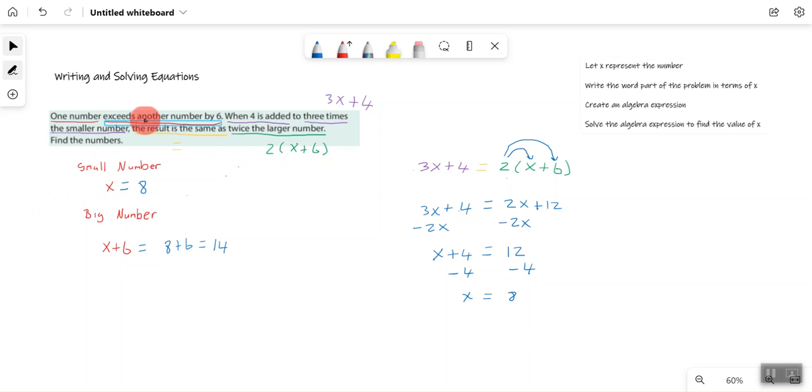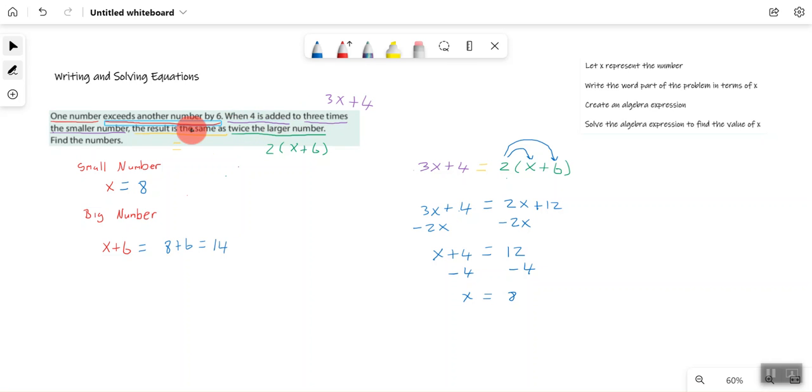One number exceeds another number by 6. So we let the smaller number be equal to x, and the larger number be equal to x plus 6. The next part is to write the word part of the problem in terms of x.